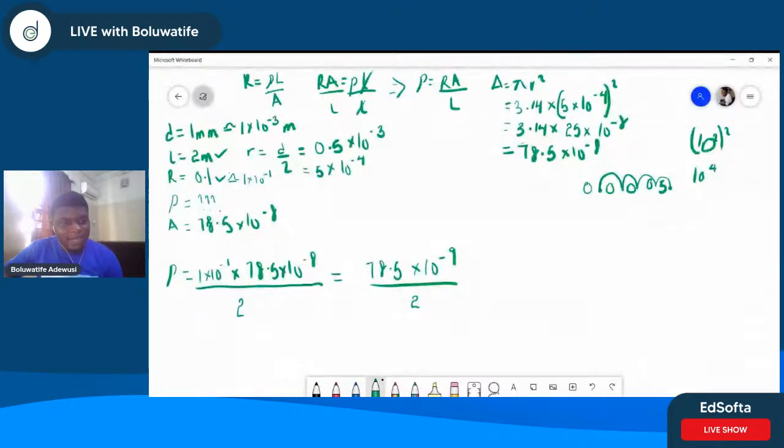Then I'm multiplying this 10 raised to power minus 1 and this 10 raised to power minus 8 together, following the law of indices. So my A here is minus 1 and my B here is minus 8, so minus 9. That's how I got this.